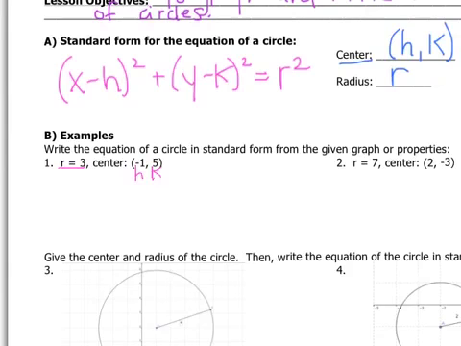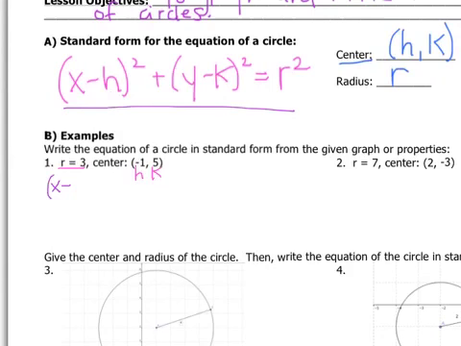All right, so here's what we are going to do. We are going to start with that same formula. So the quantity x minus, now what is the value of h?